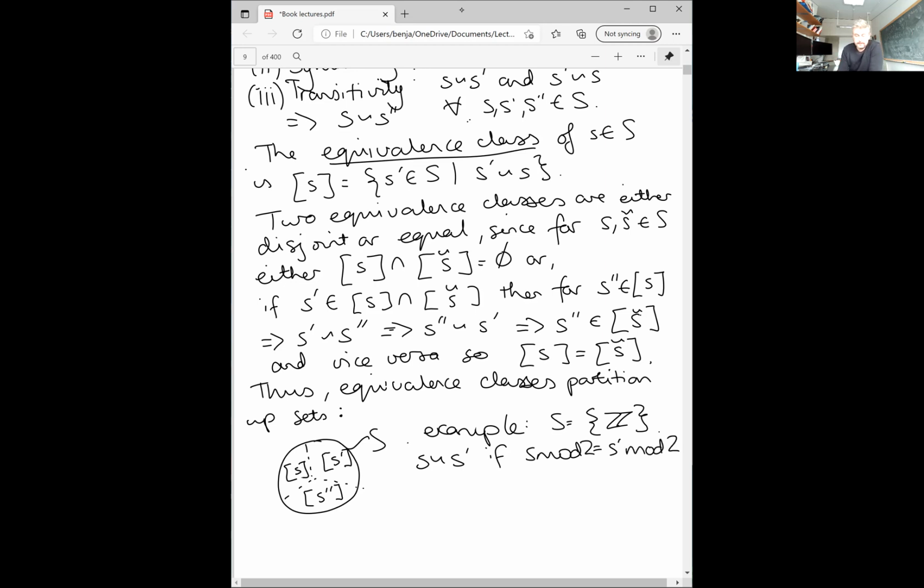And here there are two equivalence classes, the even and the odd integers, of course. So we can pick any element of each to represent the equivalence class. So the equivalence class of 0 is the set of all even integers, and the equivalence class of 1 is the set of all odd integers.